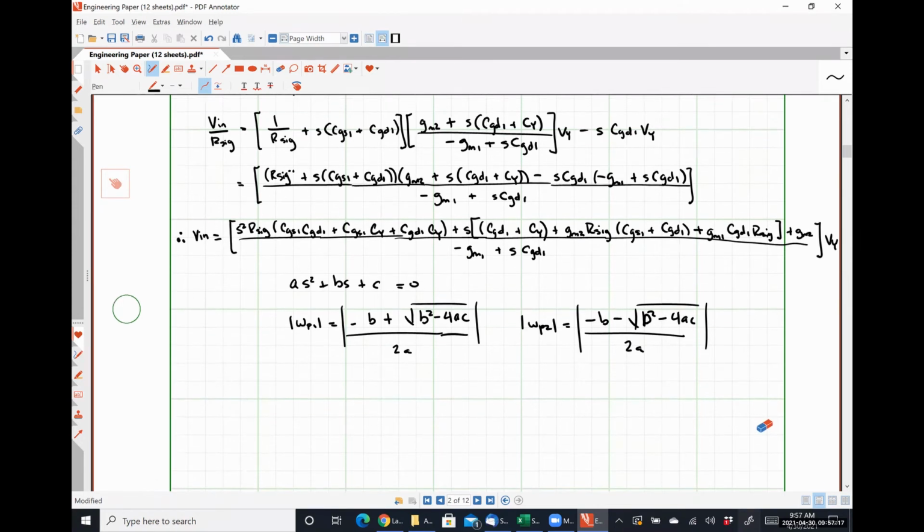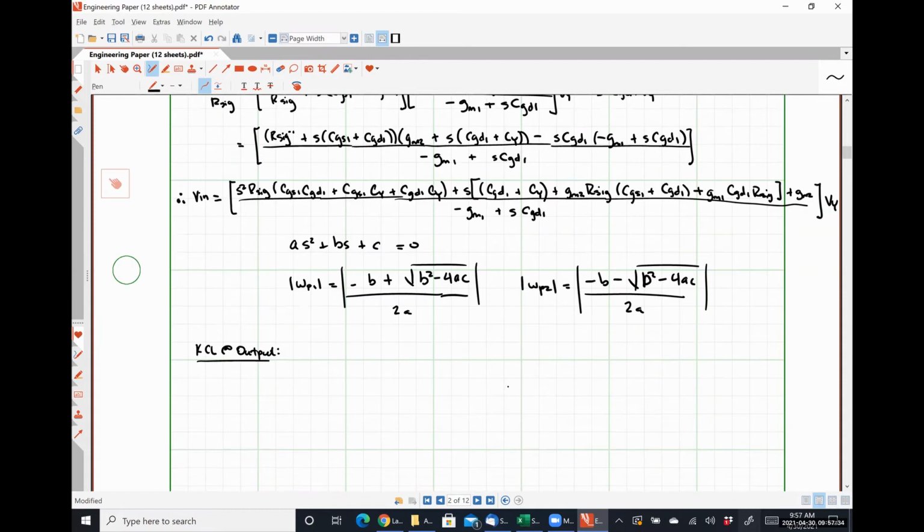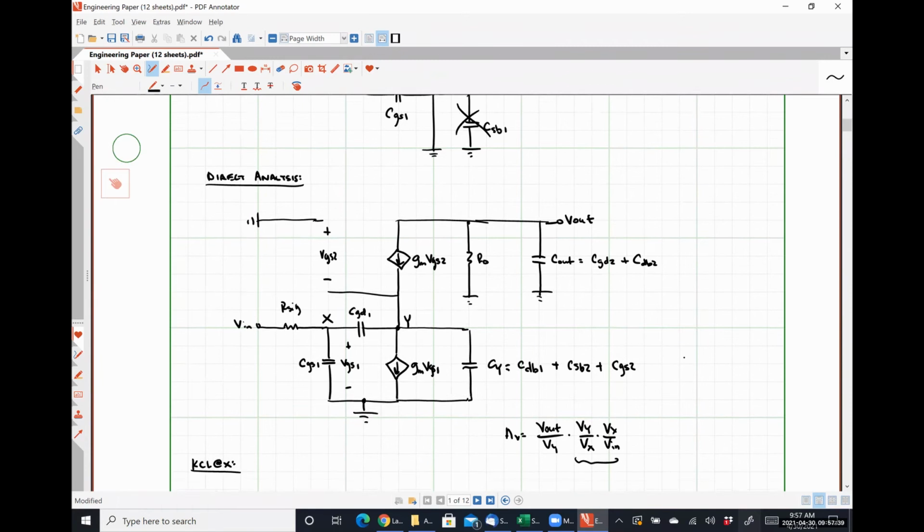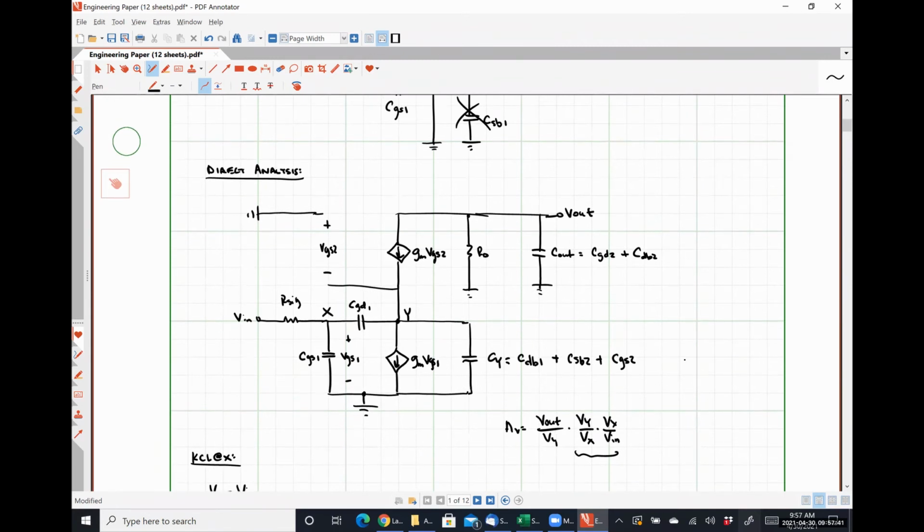All right, so we have our Vy over Vn relationship. Now we're going to do KCL at our output. This one's going to be a little bit easier. So if we look here, we're going to have V out divided by the impedance of the resistor, V out divided by the impedance of the capacitor C out, and then added to that will be GM times VGS2.